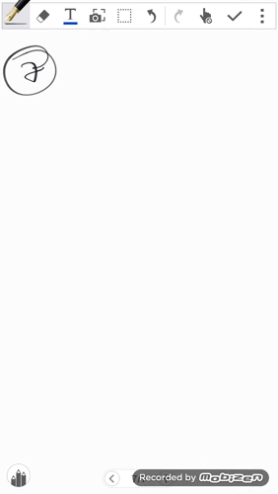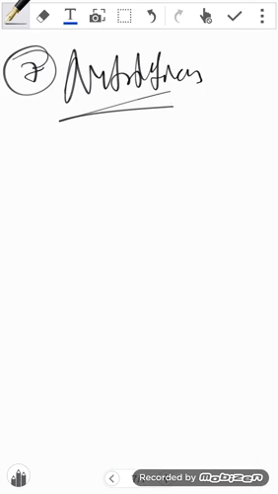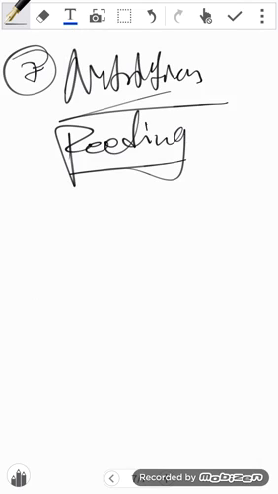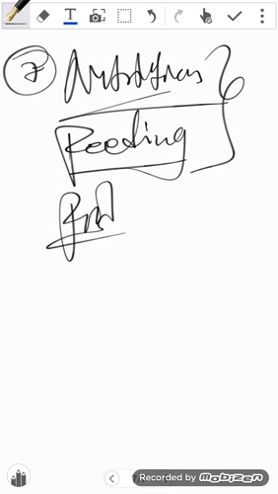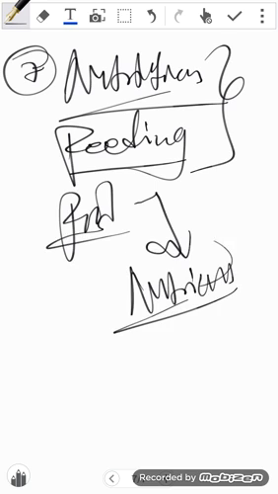Alright, number 7, which is actually the last life process, is nutrition. Now, nutrition is also regarded to be feeding. So, feeding or nutrition is the ability that an organism has to obtain food nutrients from food substances.